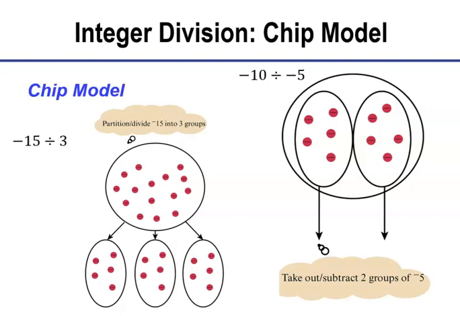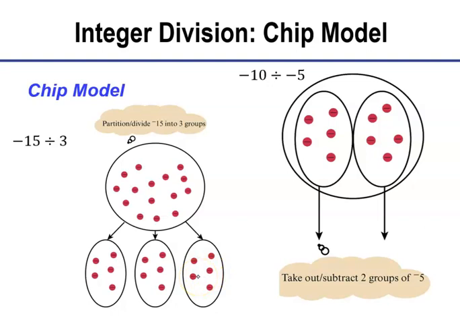But notice in this first picture, in the first chip model, we're trying to model negative 15 divided by 3. So if we start with negative 15, notice we've got 15 negatives inside the circle, and we're trying to split that up into 3 separate partitions.